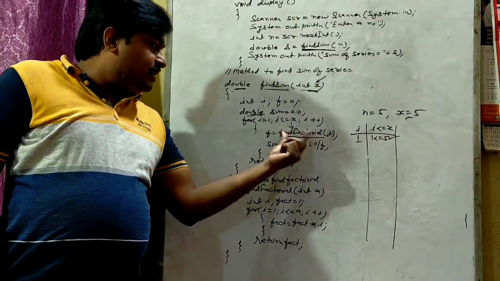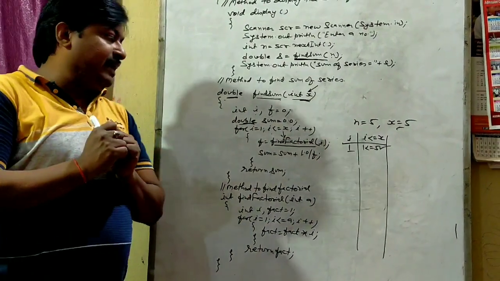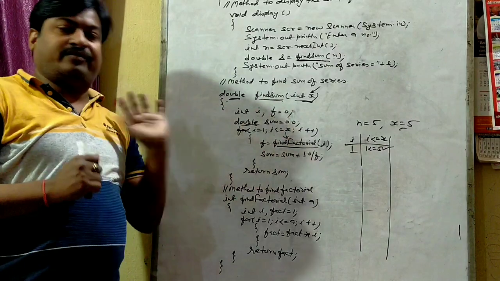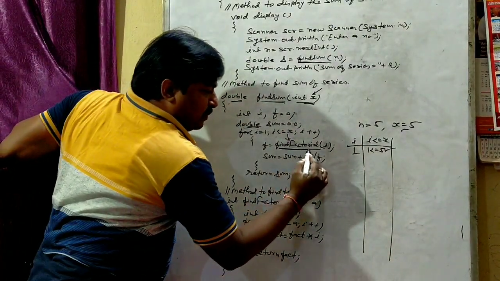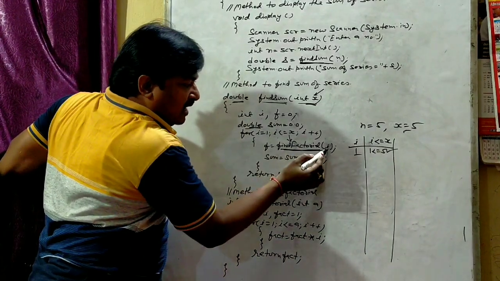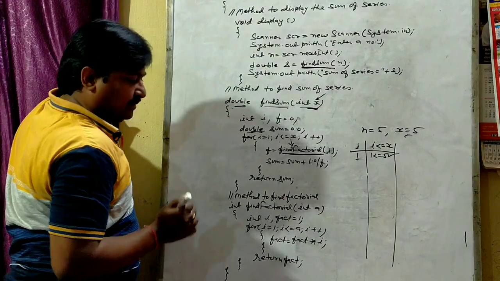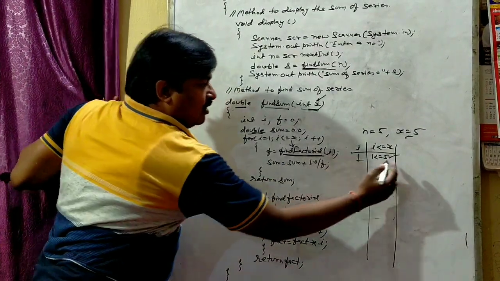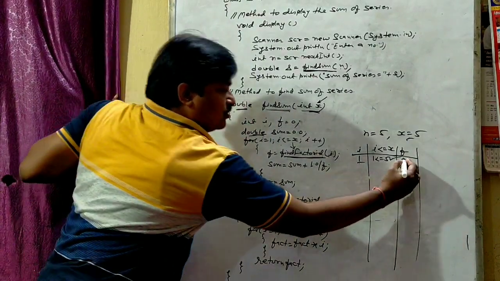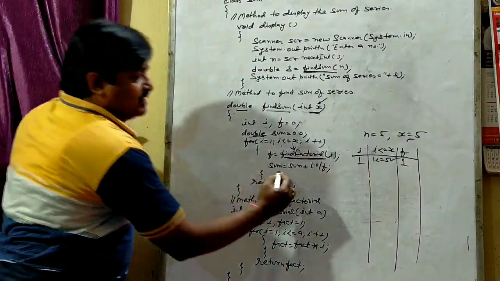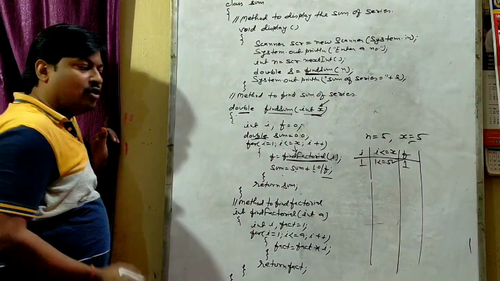This time the function find factorial will accept a value, calculate its factorial and return it to f. So this function will calculate the factorial of i, and the value of i is 1. So factorial of 1 is also 1. Now sum equal to sum plus 1.0 by f. Why 1.0?